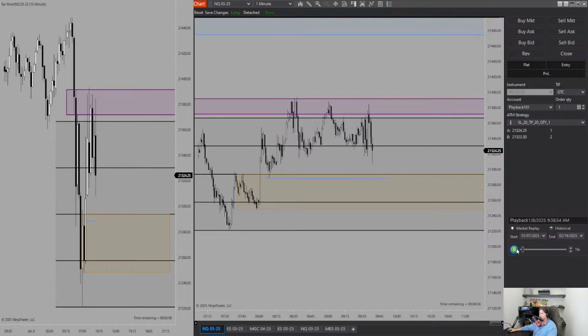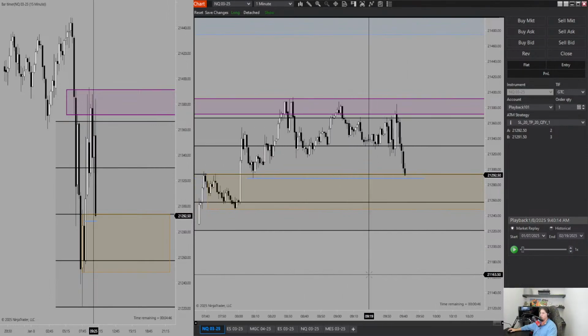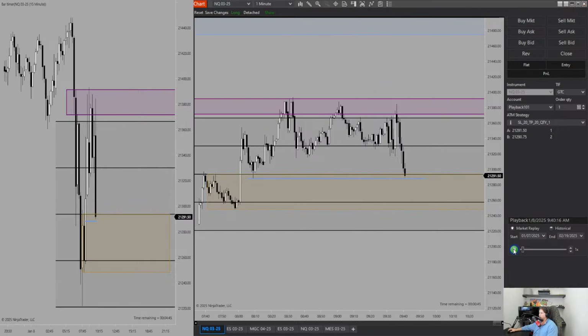All right, here's the move down. It's kind of lining up nicely with the 15-minute candle closure. Okay, let's slow it down here. Let's see. We're in the wick. See if we take this low. What's it gonna do? Is it gonna double bottom here? It could. There's a chance.